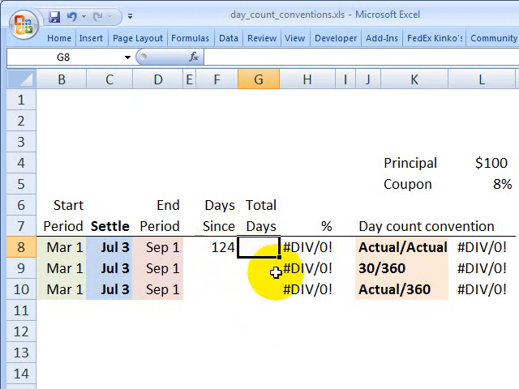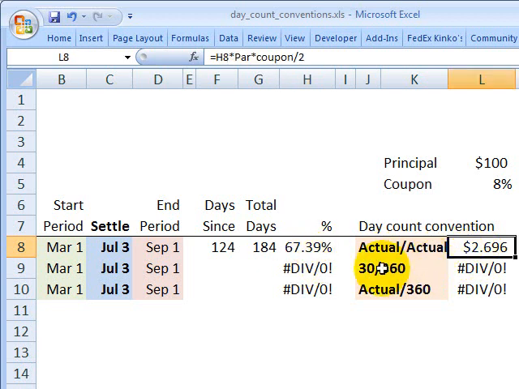What are the total number of days in that 6-month period? That's going to be equal to my end period minus my start period. Turns out to be 184 days. So you see how under actual I've got the actual number of days that have accrued divided by the total number of days in the period. And as a percentage, that turns out to be 67.39.